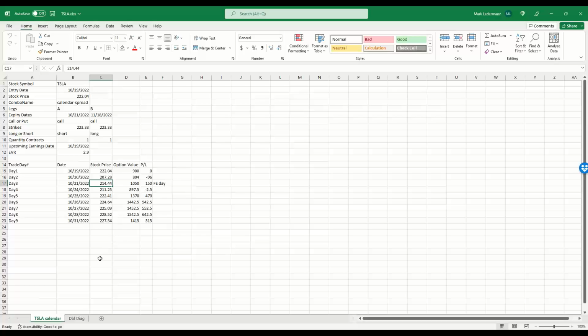But then what I did is I wanted to compare this trade to the double diagonal. I told you that we were going to talk a little bit about the double diagonal today. So the at the money calendar gives you a profit window in an Analyze tab.